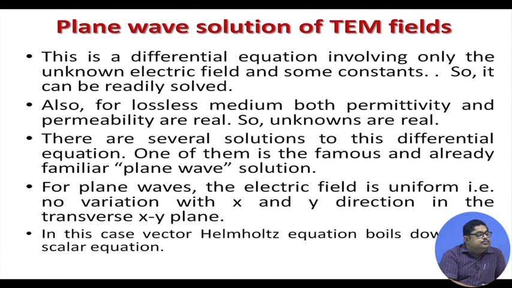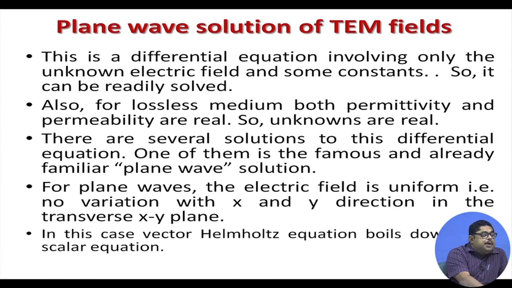Now, also for a lossless medium, that means initially we will try to find these TM fields in a lossless medium, then there will be a lecture on loss, how to incorporate loss, etc. For a lossless medium, we know that lossless means basically sigma is zero, that is, conductivity is zero.